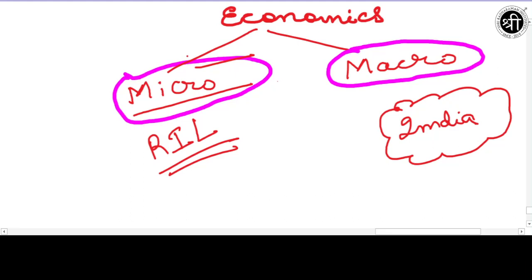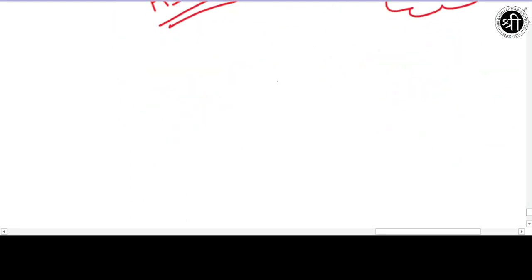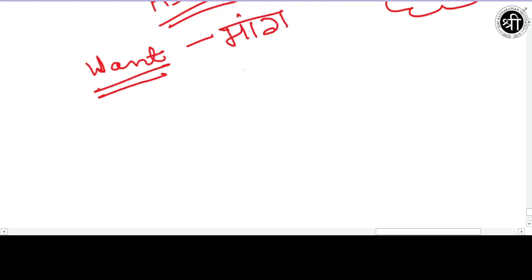Now we are coming to the basic concepts of economics. In the basic concepts of economics, the first economic concept which we need to explain is want. Now, if we talk about the word want, what do we mean in the normal term? In Hindi we call this mang or chahat, not that chahat which you are wondering about.